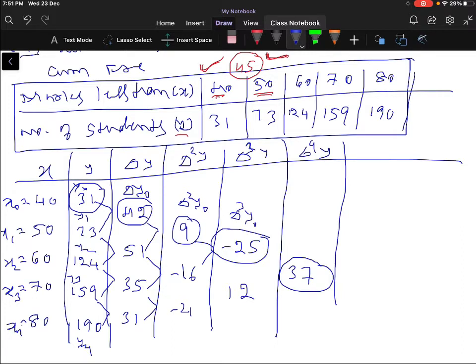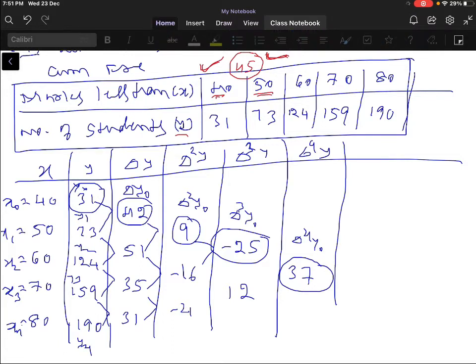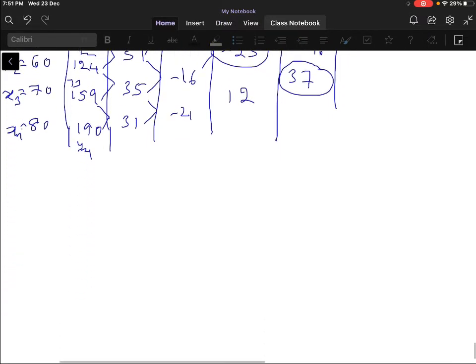Delta square y naught is 9. Delta cube y naught is minus 25. Delta 4 y naught is 37. So these are the leading forward differences.